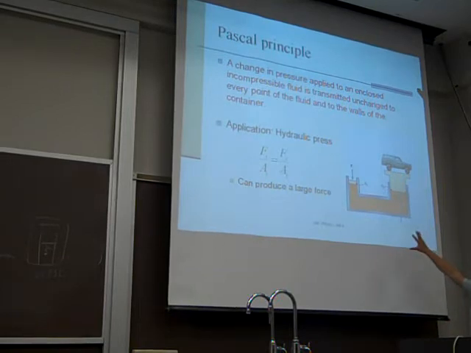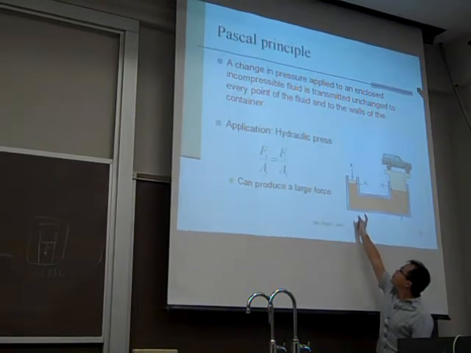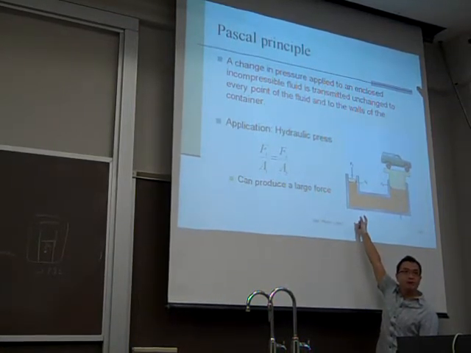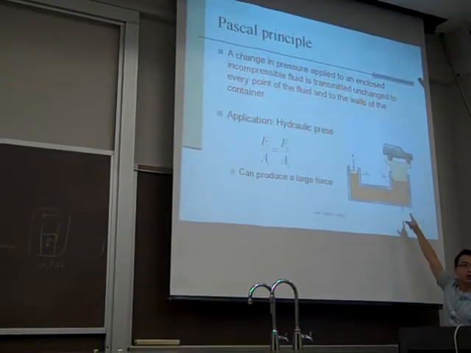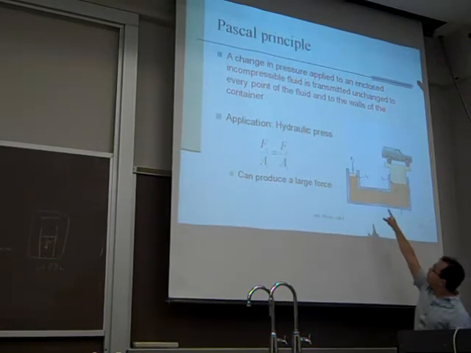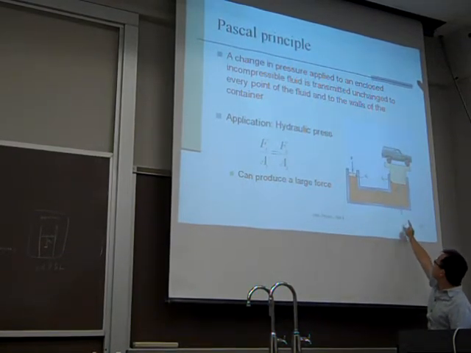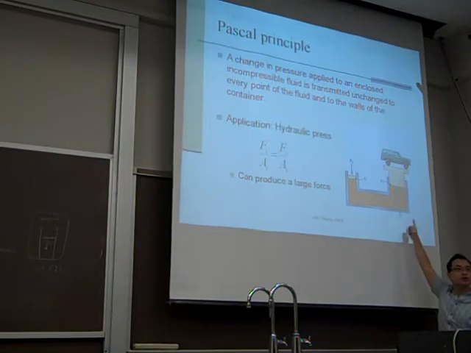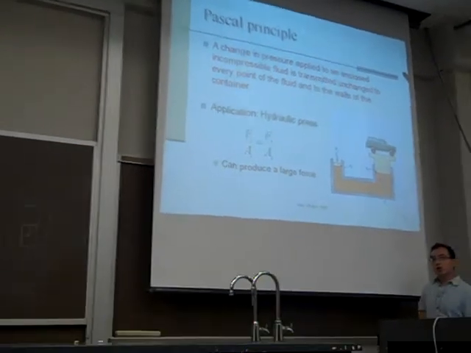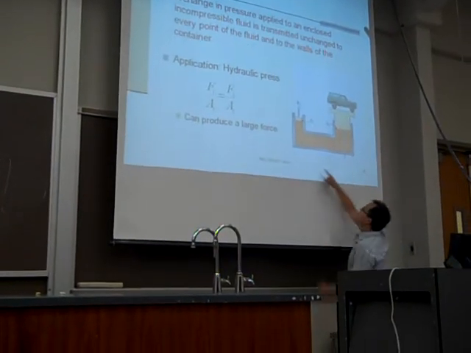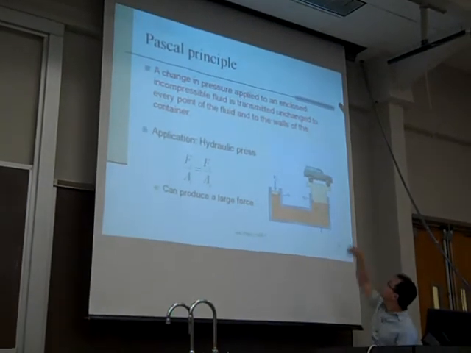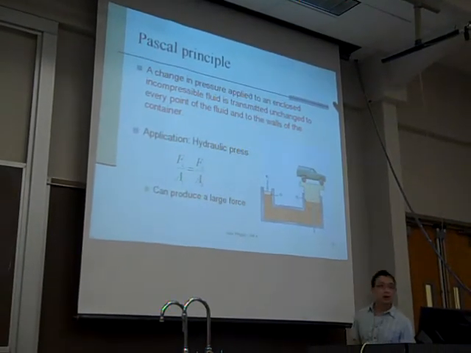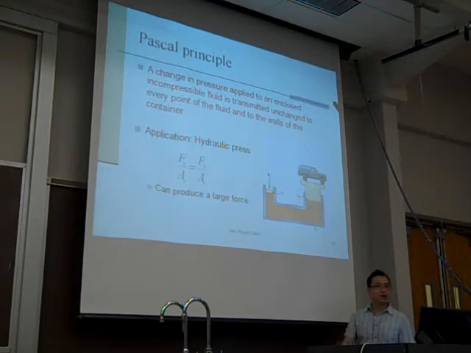It's like this: here we have a small cross-sectional area A1, here we have a large cross-sectional area A2. If we apply a small force F1 here, we can produce a large force F2 here. If A2 is much larger than A1 and you enclose some fluid, you can even push up the car above by one hand.